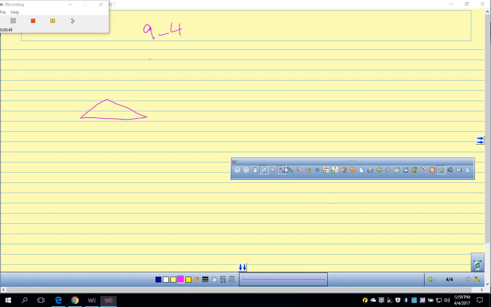So here's one triangle. Here's another triangle. And let's say that these two badly drawn triangles are similar. Okay? So I know this is an angle bisector, and this also is an angle bisector over here. Let's put 2 slashes on this one.